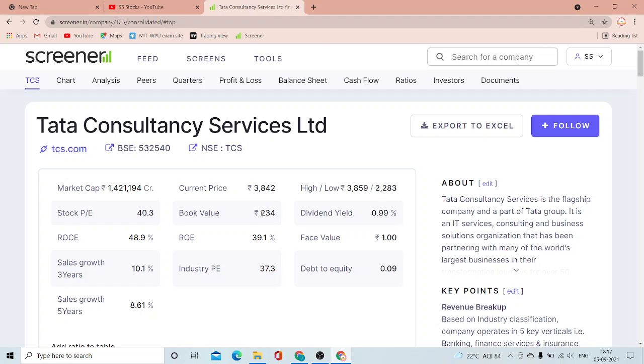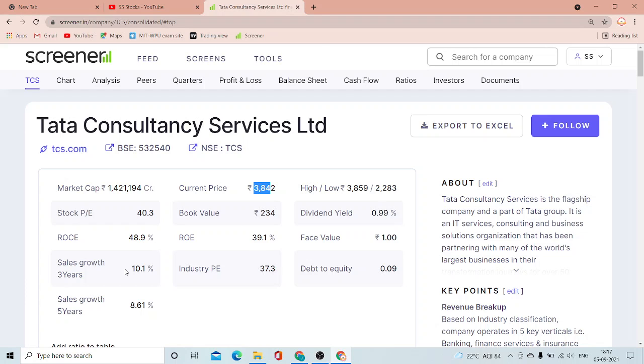Book value helps us understand where the current market price of the stock is in terms of book value. Dividend, how much dividend the company is giving. ROCE, that is return on capital employed of the company, is 48.9. ROE, that is return on equity, is 39.1. And the face value of the stock.